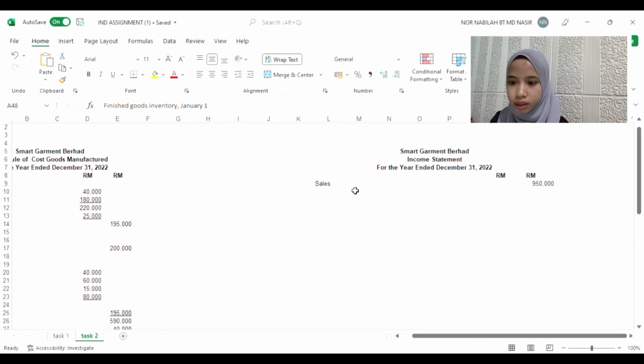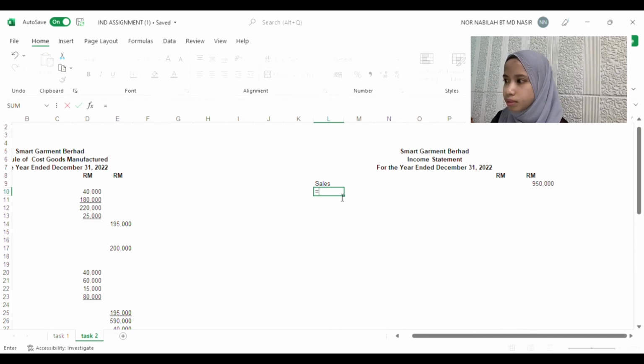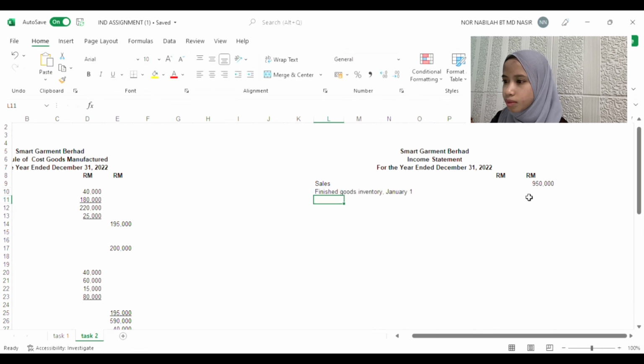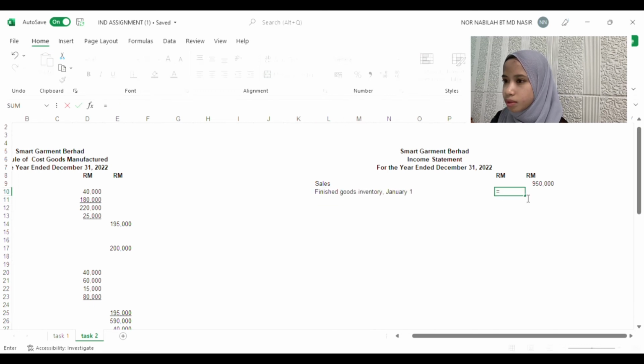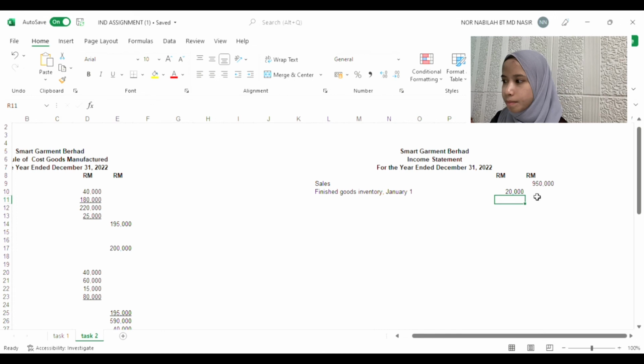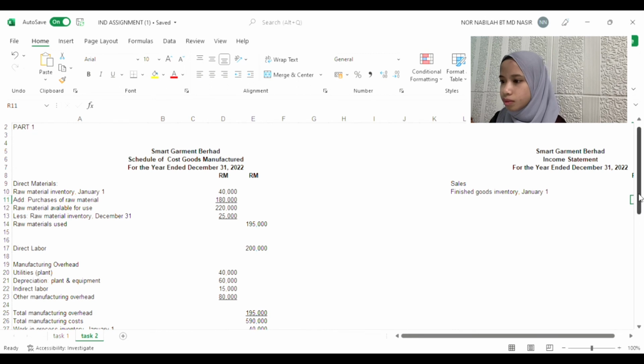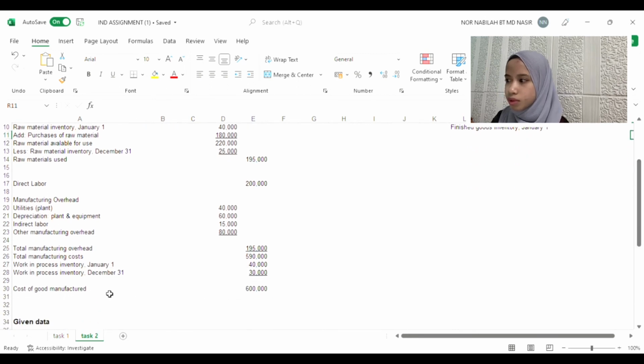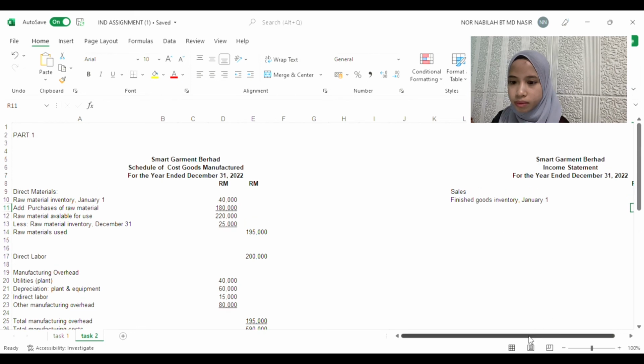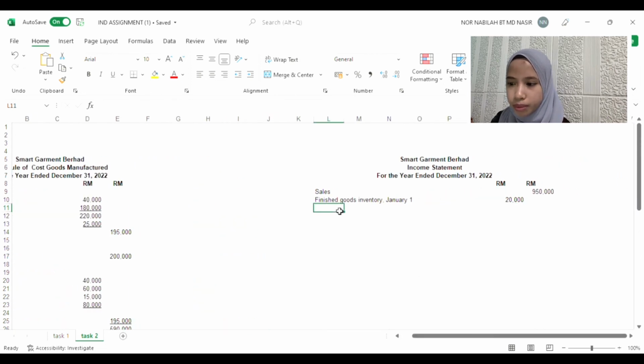Next is finished goods inventory January 1, 20,000. Next, cost of goods manufactured, 600,000.